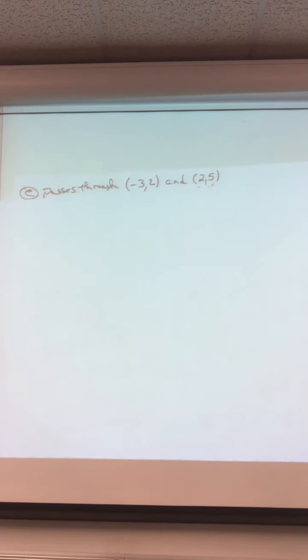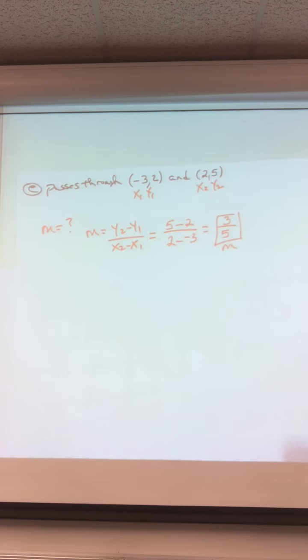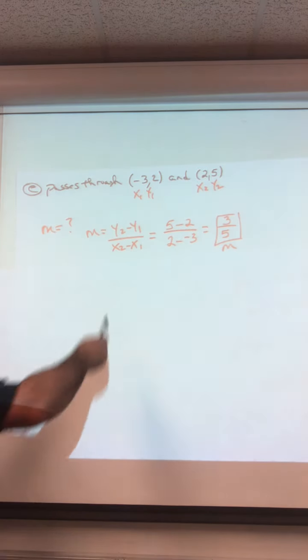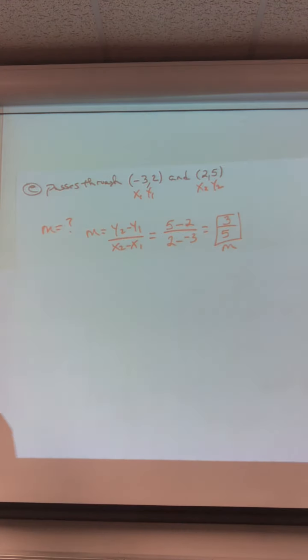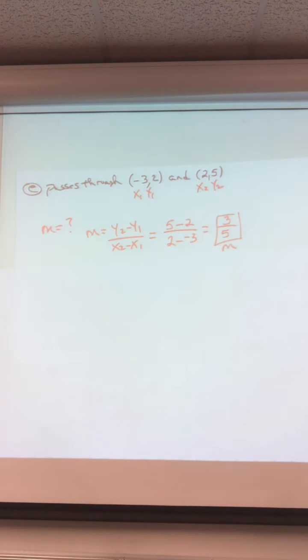Remember, the way you find the slope of a line that passes through 2 points, you call the first point x1, y1, you call the second point x2, y2, and you use the slope formula. So that's where this comes from. Now, I'm not going to labor here very long because we've already done that. We did that in 3 examples earlier. All right, so now I have the slope.